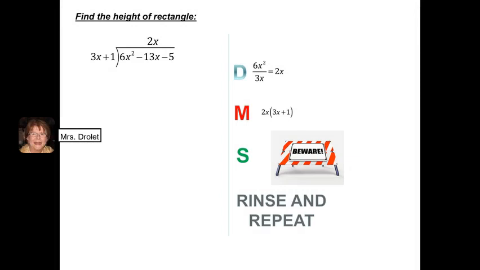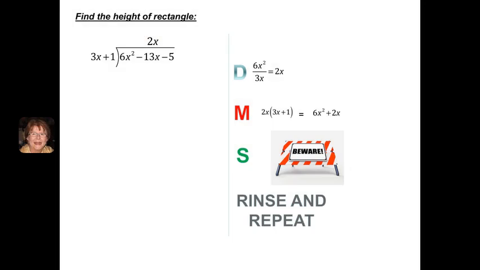The next step is multiplication. You multiply that latest result by the divisor. 2x times 3x plus 1. 2x times 3x: 2 times 3 is 6, x times x is x squared. So that's 6x squared. And you must multiply 2x by 1, which is positive 2x.